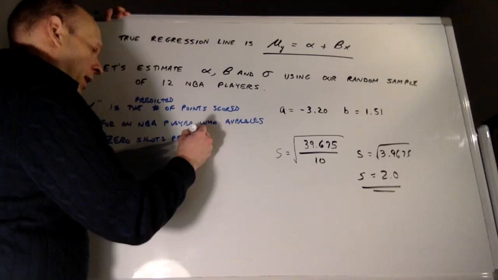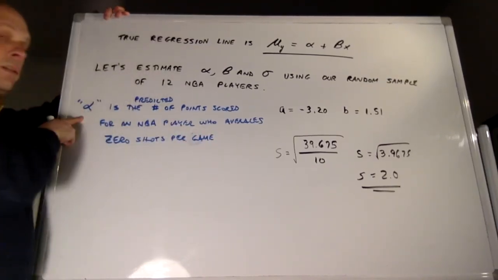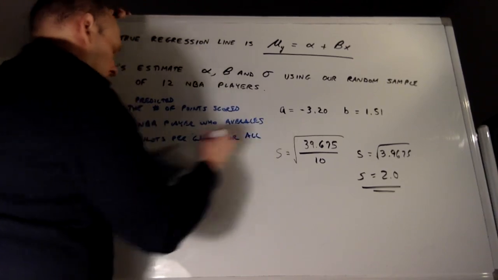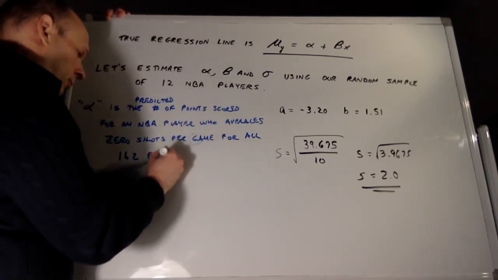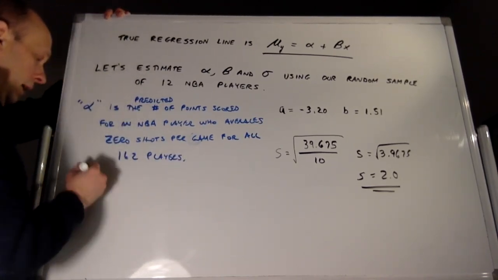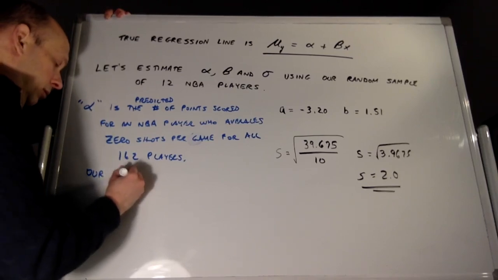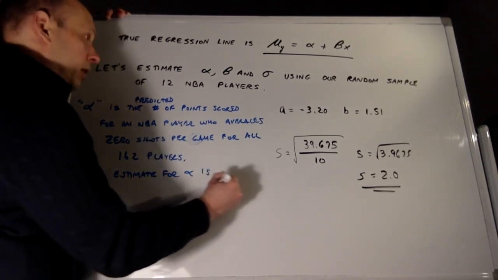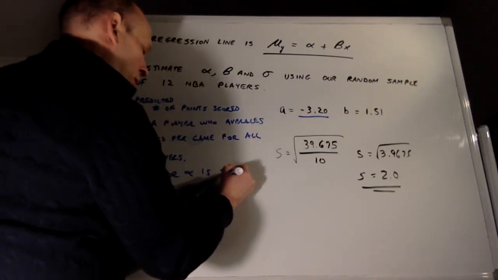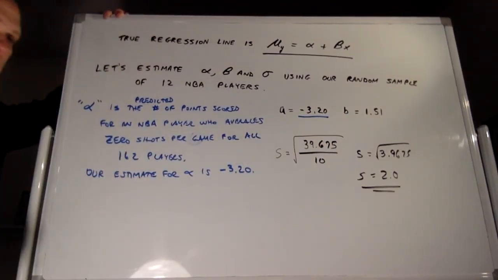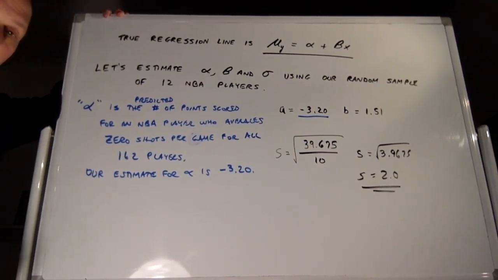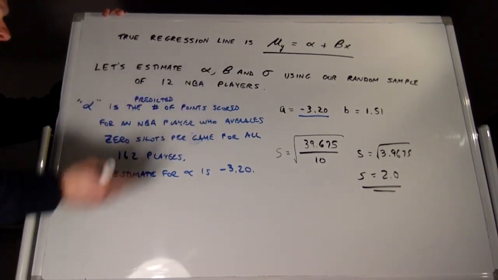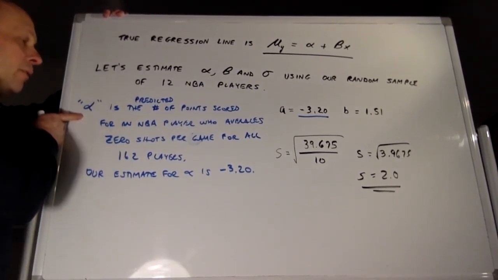We're talking about alpha here, so this is really describing all 162 players. Our estimate for alpha is negative 3.20. We've mentioned before that the y-intercept typically has no meaning. There are some cases where it has meaning, but usually it has none. That happens all the time, and of course here, it's meaningless. But that would be the interpretation of alpha.